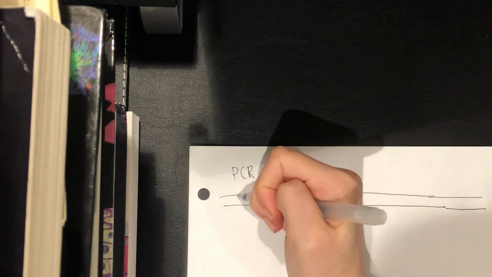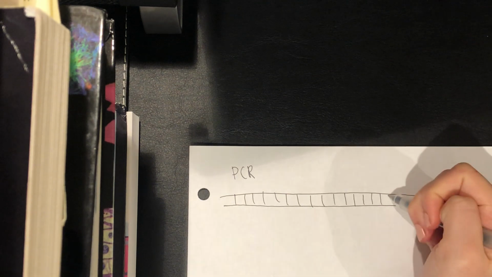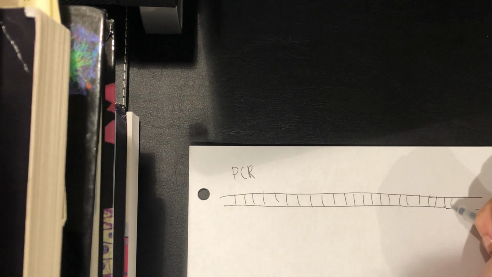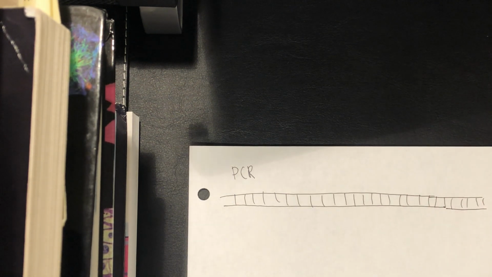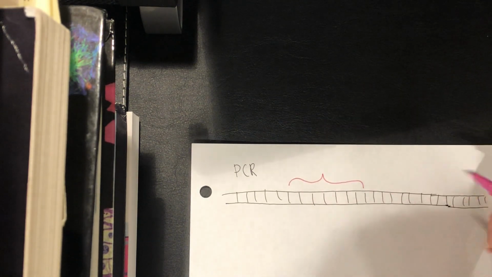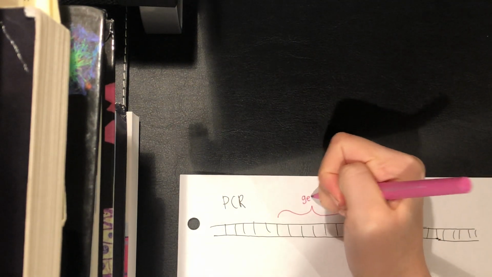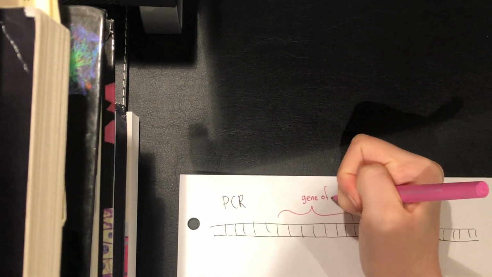So if this was your entire chromosome, when you're doing PCR, you're not actually amplifying your entire chromosome. You're only amplifying a certain piece within your chromosome. So usually what you would want to be amplifying is your gene of interest.